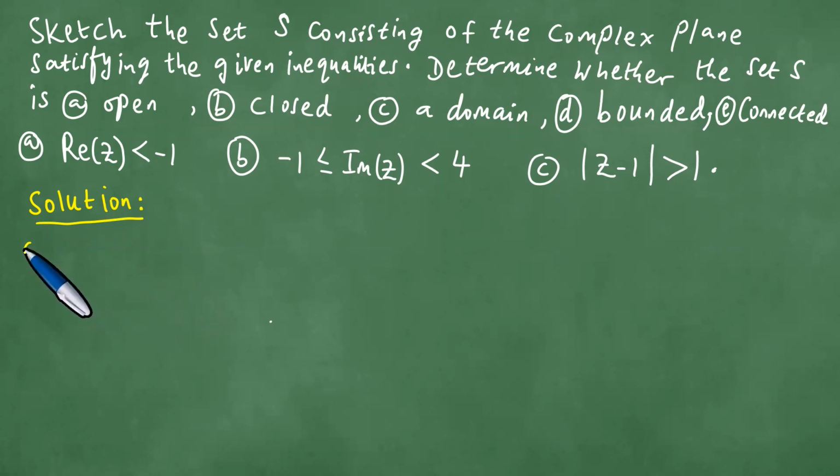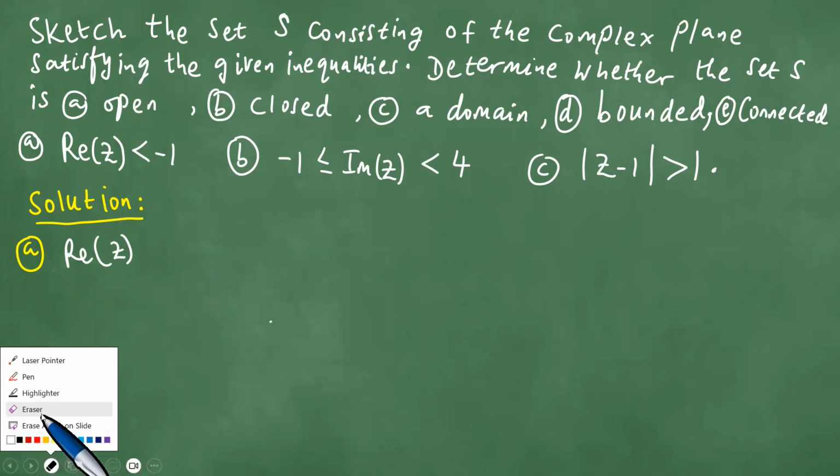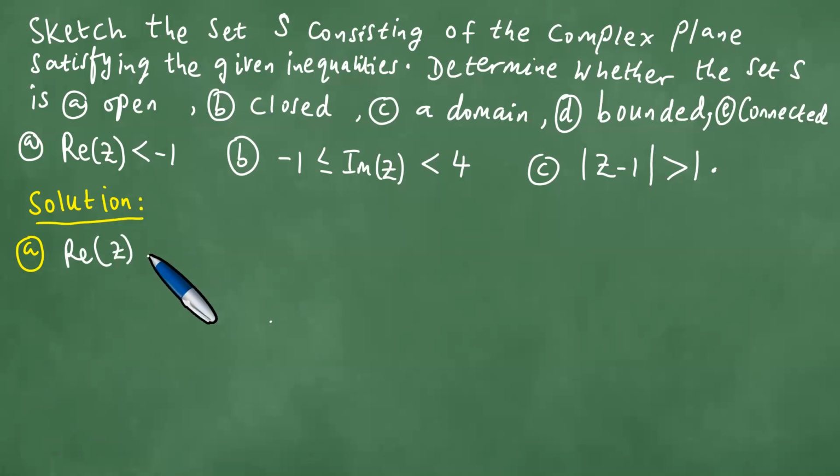Part A. So we have the real part of Z, and the real part of Z is strictly less than -1. A couple of ways to do this, but one way to visualize this is actually to let Z be X plus iY.